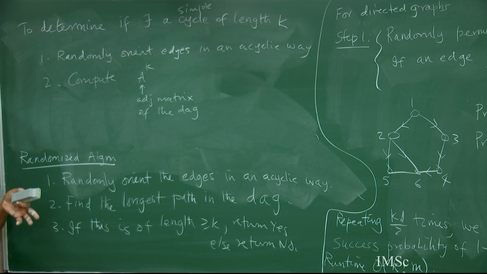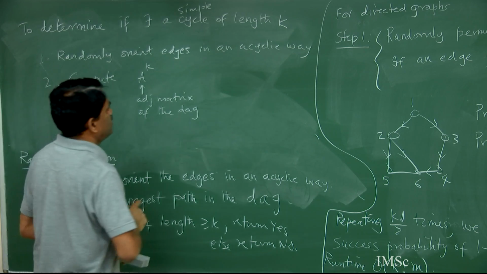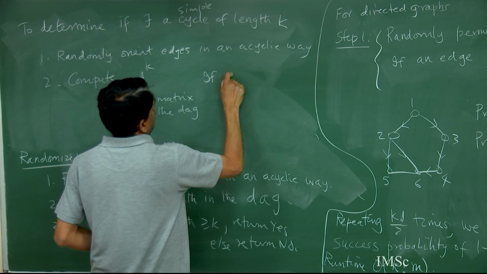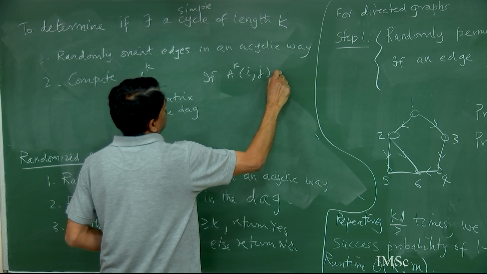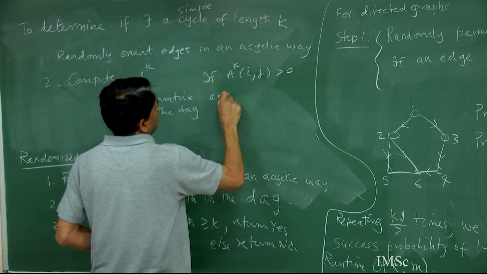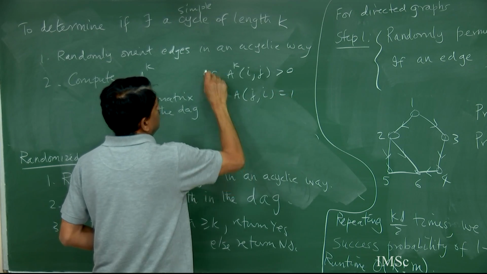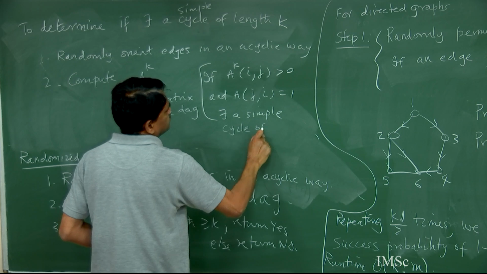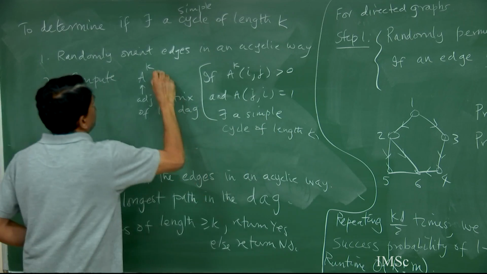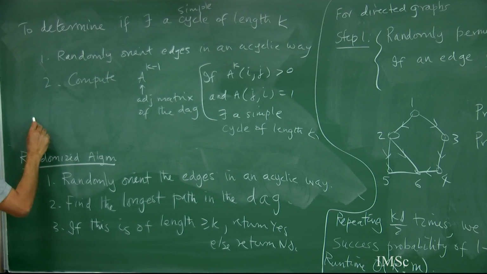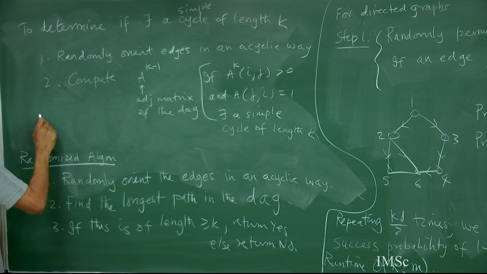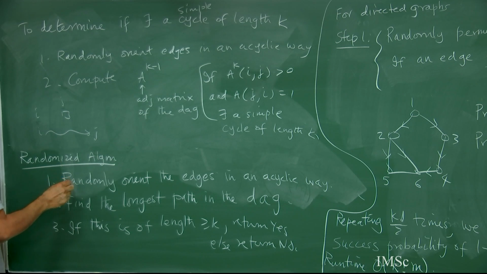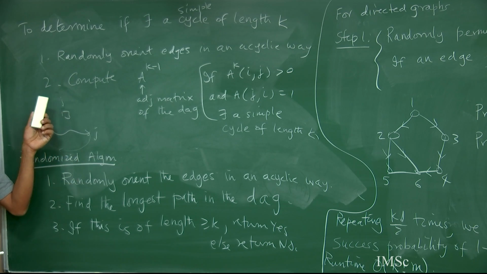And then I will look for the ji-th entry. Whenever A^k of ij is greater than 0 and the adjacency matrix A_ji equals 1, then there exists a simple cycle of length k. Because it is a directed acyclic graph, the ij-th entry tells you the number of paths from i to j, then I check whether this edge is oriented this way in my original orientation.